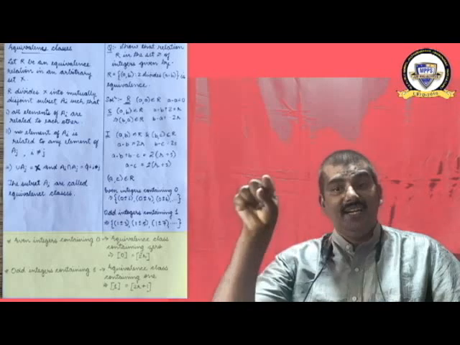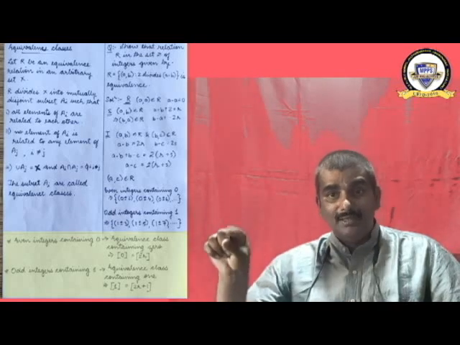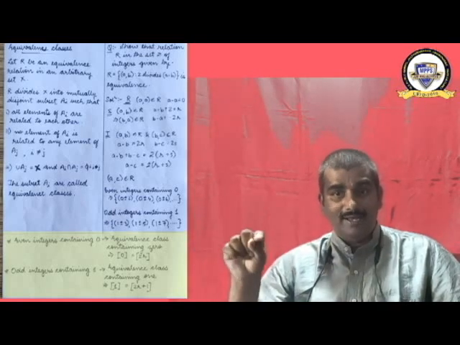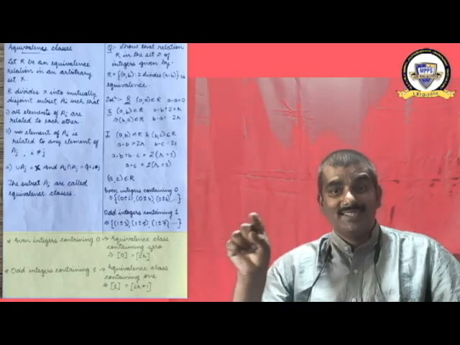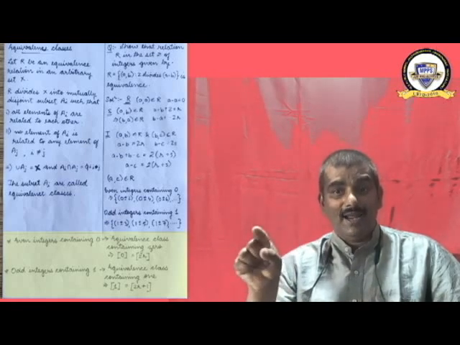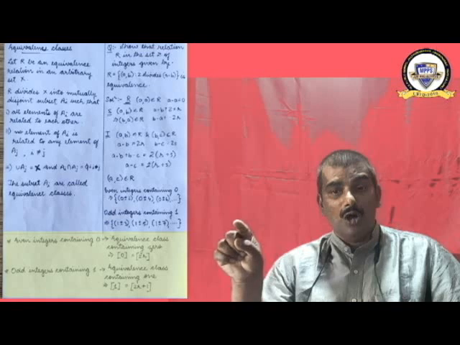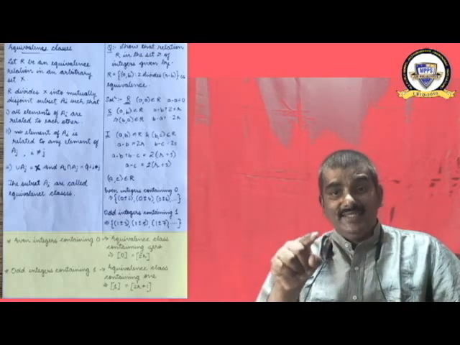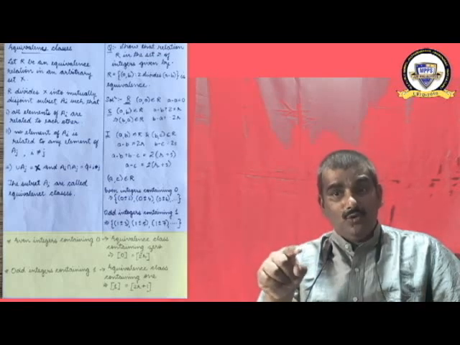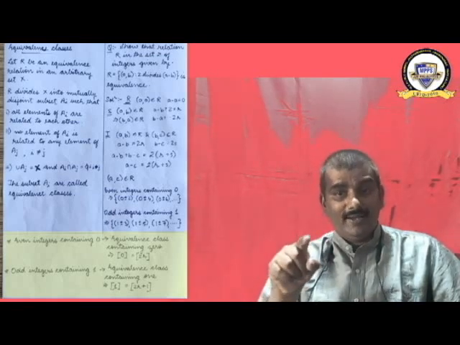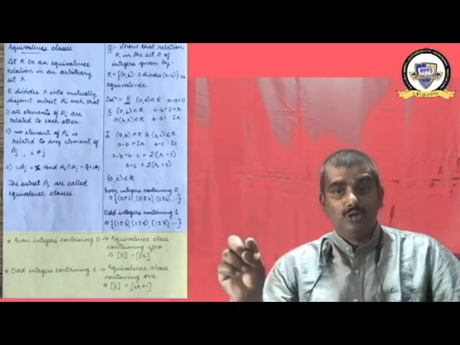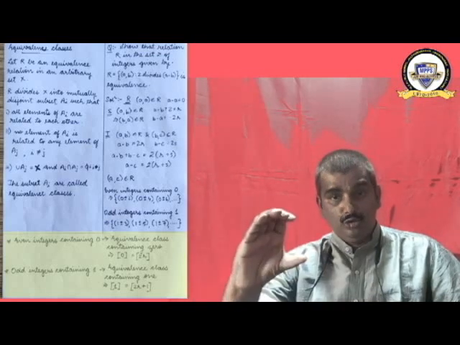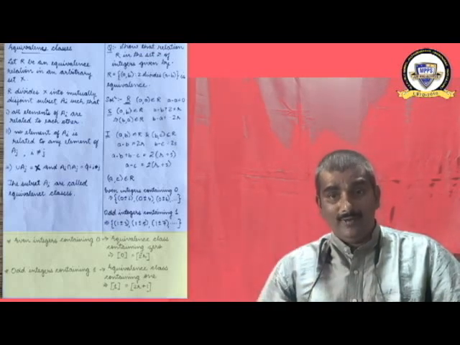Even integers containing 0, represented by the equivalence class square bracket 0, that is 2r. Then odd integers containing 1, that is also an equivalence class, square bracket 1, that is equal to 2r plus 1. Two classes you prepared over here.